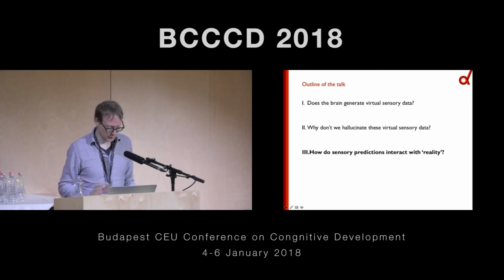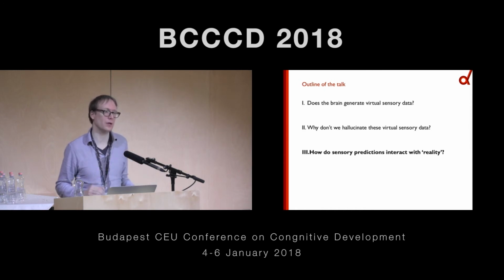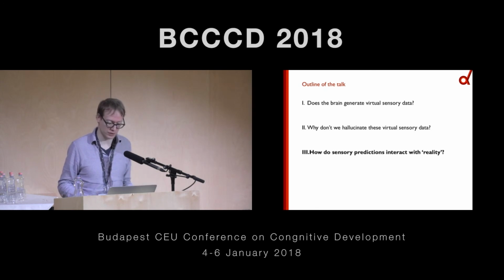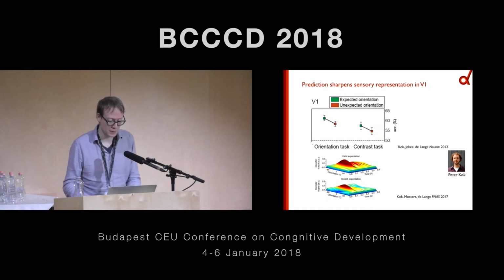All right, in my last part, I will briefly talk about how these sensory prediction signals are actually interacting with reality. So how do they bias the sensory representations when stimulated by actual stimuli? One of the themes in my lab has been the notion that prediction signals may sharpen sensory representations in the primary visual cortex.